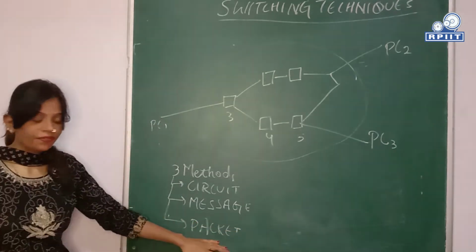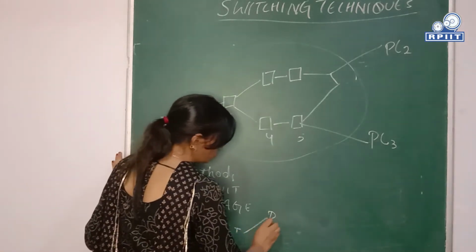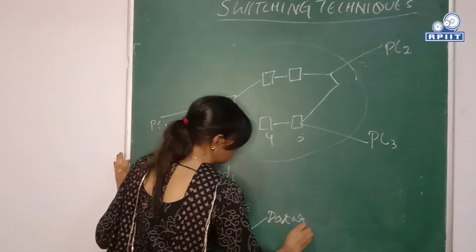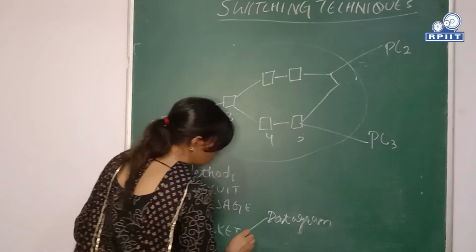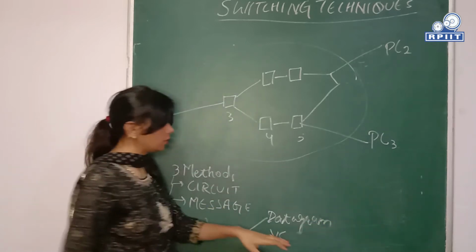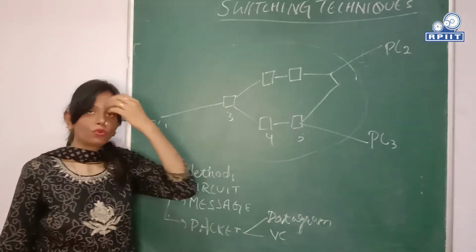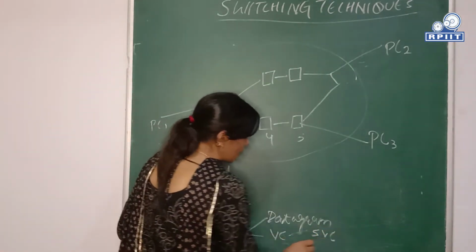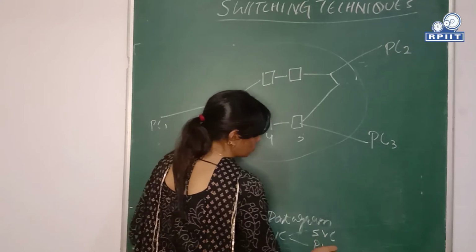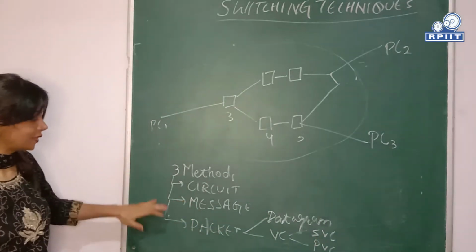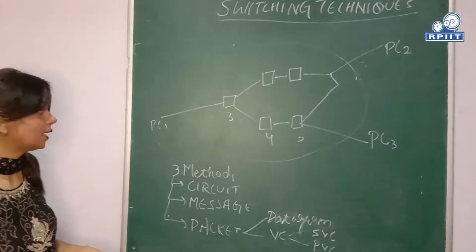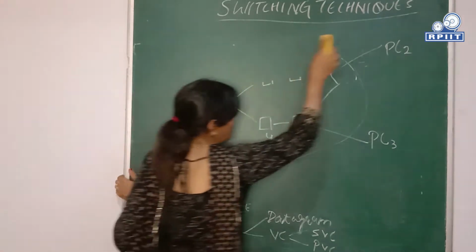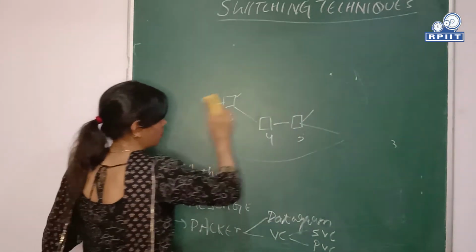Under packet switching, we have two approaches: the datagram approach and the virtual circuit approach. Under the virtual circuit approach, again we have two types of methods, that is the switched virtual circuit approach and the permanent virtual circuit approach. So these are the three techniques under switching techniques. I'll explain these techniques one by one to you.